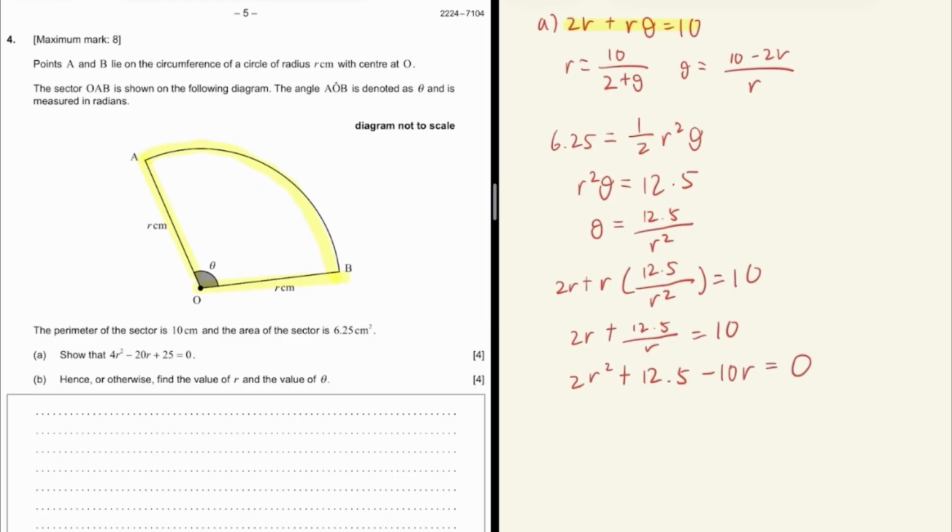And then if you multiply this whole equation by 2, we will get 4r squared minus 20r plus 25 equals 0. So thus, we could prove what we are given, 4r squared minus 20r plus 25 equals 0.